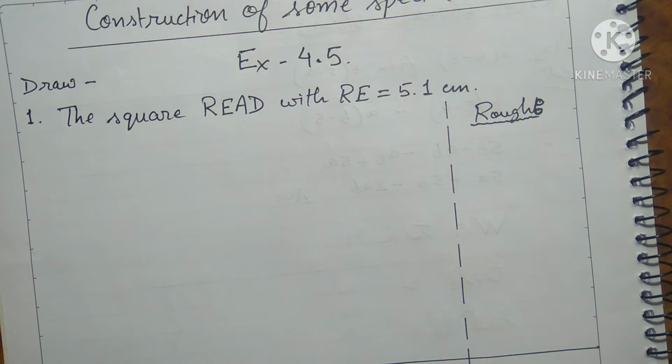But this is the case of a square, so ultimately we are able to find out so many things. All 4 sides are 5.1 centimeter, and each interior angle is 90 degree also. So all 4 sides and all 4 angles are known here.